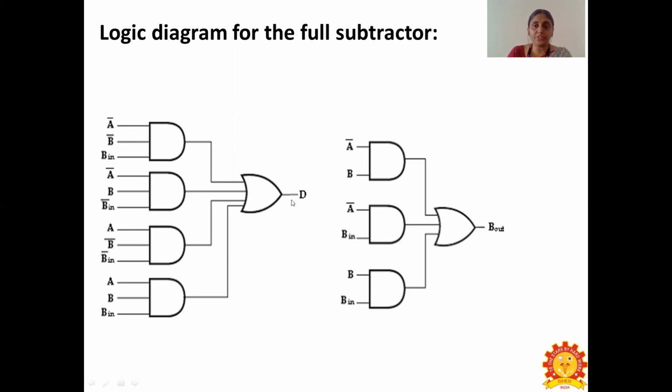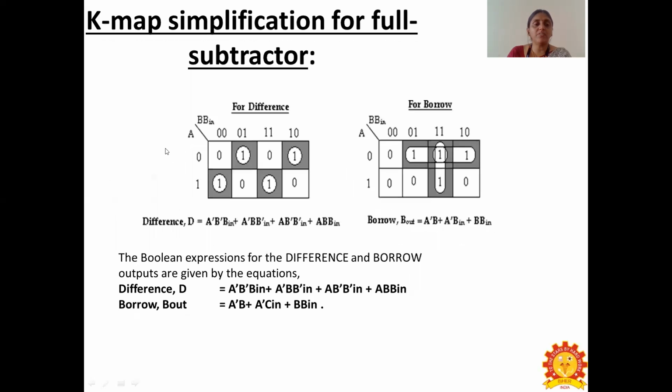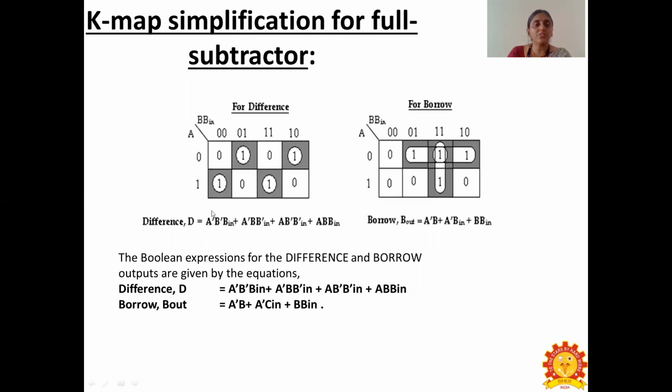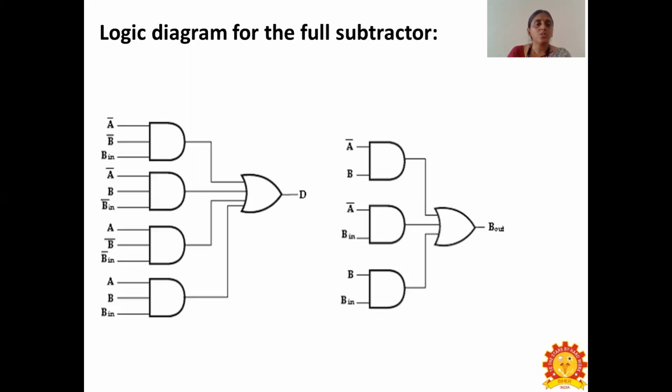To find the difference output value, we involve 4 AND gates, where the first AND gate involves A dash, B dash, B in. So this logic, we take it from the K-map simplification. See the first expression? Here A dash, B dash, B in.